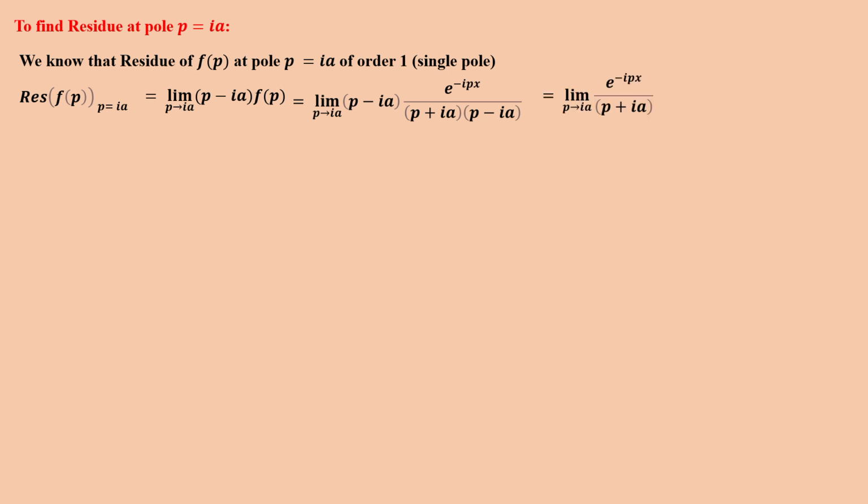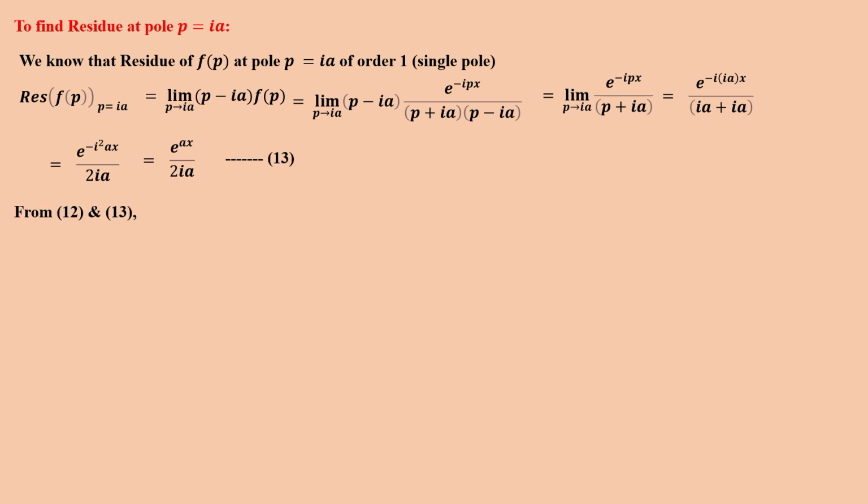So you will get limit p tends to i a of e power minus i p x by p plus i a. Substituting the limit, e power minus i into i a into x in the numerator, and i a plus i a in the denominator. So minus i square a x by 2 i a in the denominator. So i square is minus 1, minus into minus plus, e power a x by 2 i a. That is equation number 13.